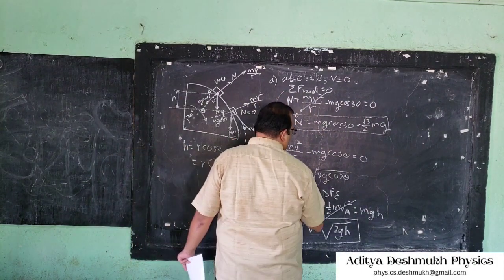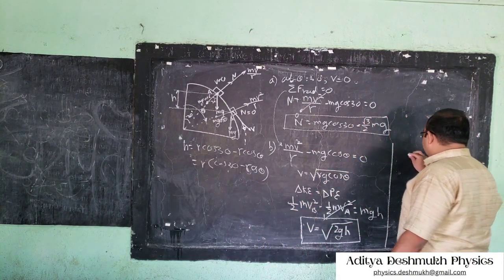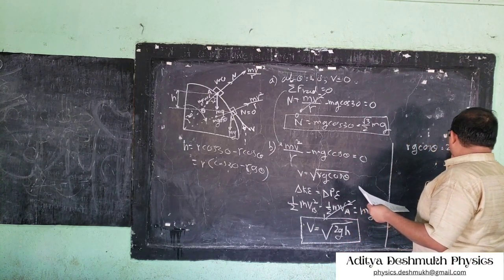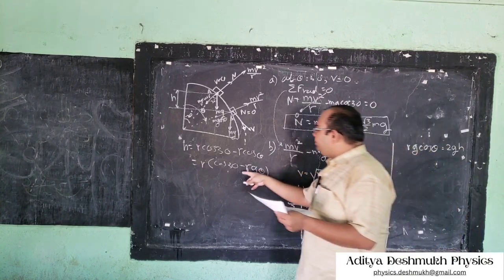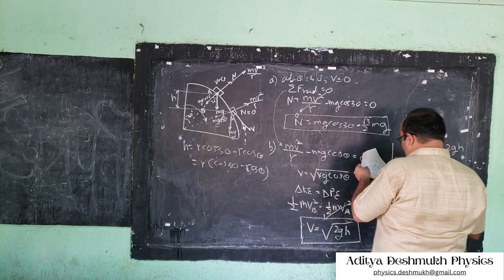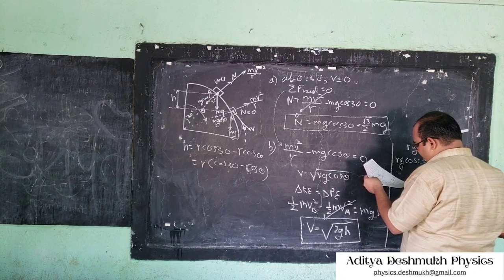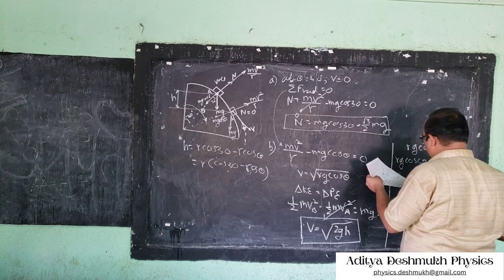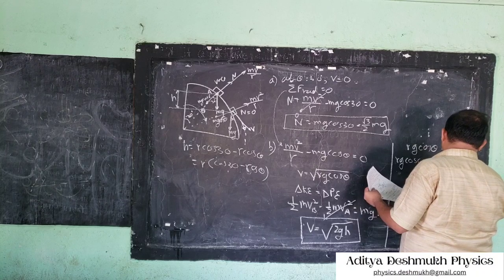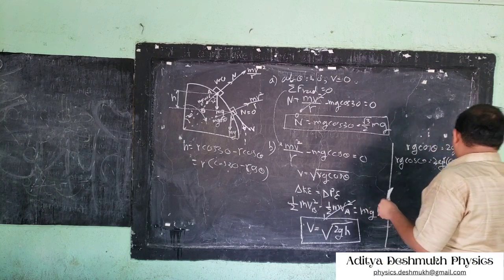So now I have two values of v. I can equate them. So rg cos theta will be equal to 2gh. I can put the value of h from there. So rg cos theta will be equal to 2g into R (cos 30 minus cos theta).